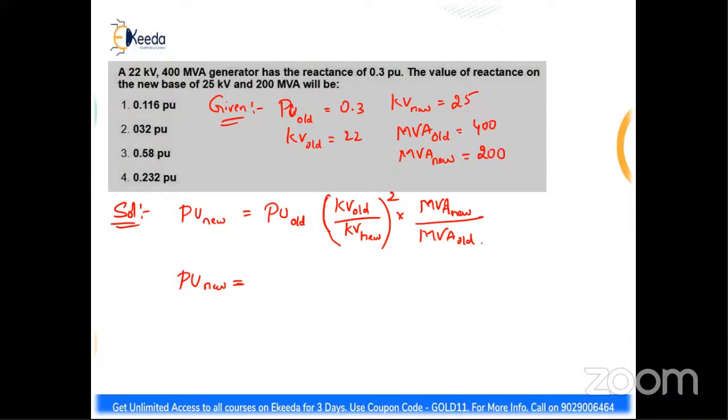These are the given data, and we just have to substitute the values into the formula.